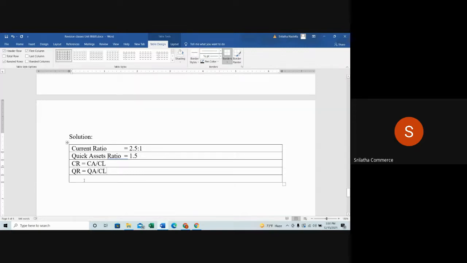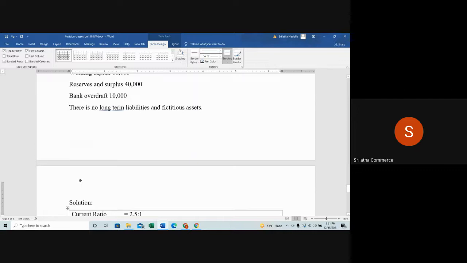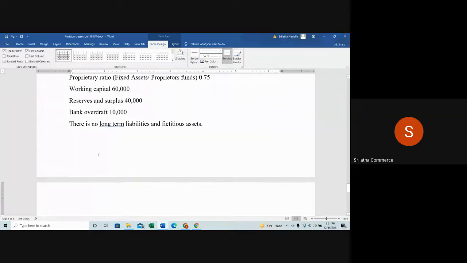This is the formula. Now, you know current ratio, but you do not know current assets, current liabilities or quick assets. So though you know CR and QR, we cannot find out CA and QA because we do not know both the assets and the liabilities. So how do you find out? Only one piece of information he had given, that is working capital.